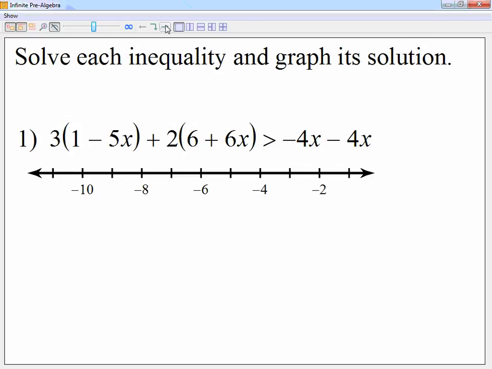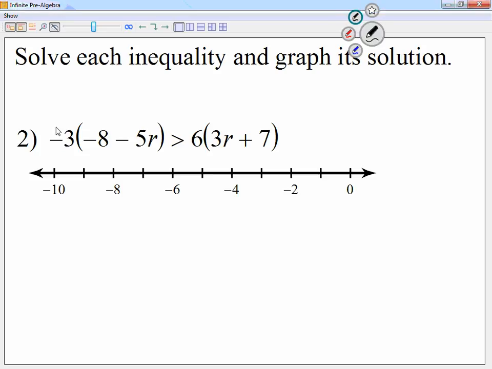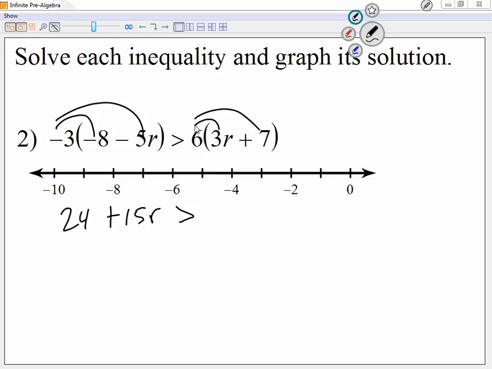Looking at example 2, let me multiply the negative 3 to the inside. So I have 24 plus 15r is greater than, let me multiply the 6 to the inside, 18r plus 42. All right, no parentheses. That's basically what I did.